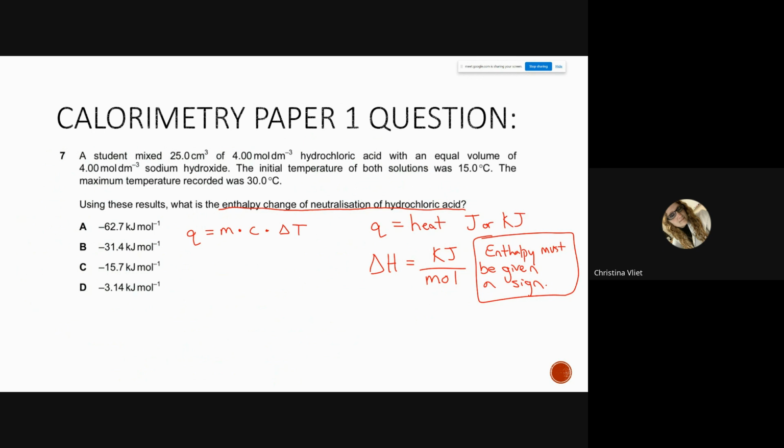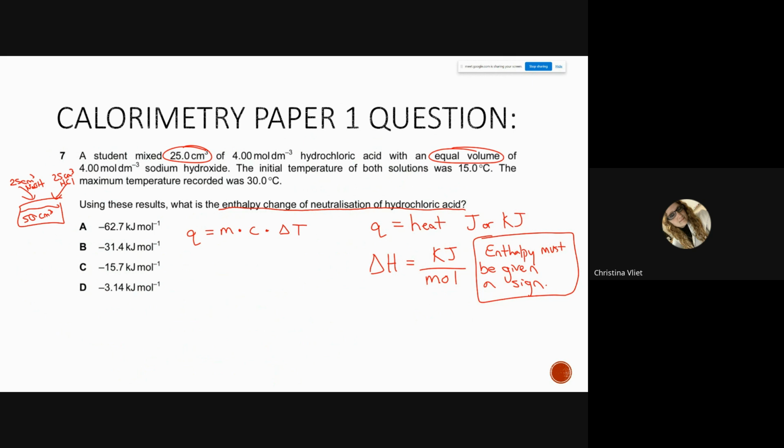It's 50 because it's equal to volumes of something. So you have basically 25 centimeters cubed of NaOH being mixed with 25 centimeters cubed of HCl, 50 centimeters cubed of mixture.